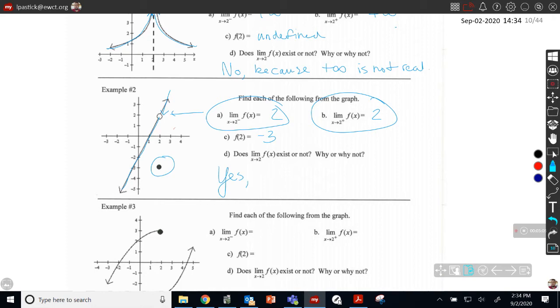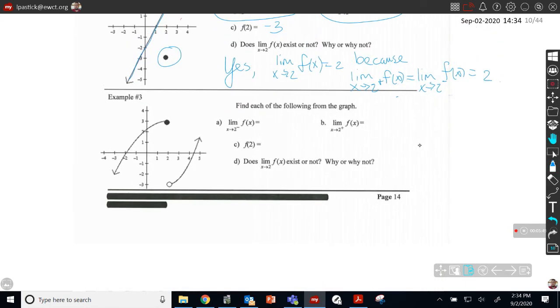Yes, the limit as x approaches 2 of f of x equals 2 because limit as x approaches 2 from the right of f of x equals limit as x approaches 2 from the left of f of x, and they both equal 2. Complete answer. And I'm apologizing for my handwriting, but I'm doing the best I can.